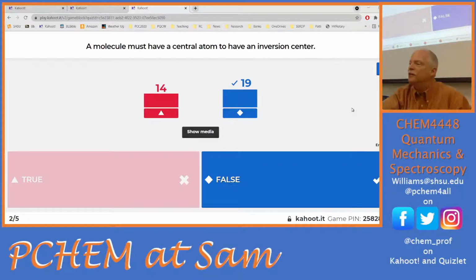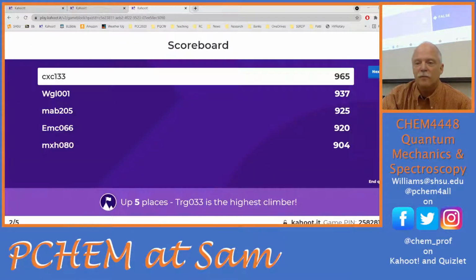So it does not have to have a central atom to have an inversion center. That's one way to think about these questions, if you can think of an example molecule. This will come as you work with symmetry more. You'll have example molecules in your head, like benzene, to say, I know benzene has an inversion center, I know it does not have a central atom, and so I'm confident about that question.